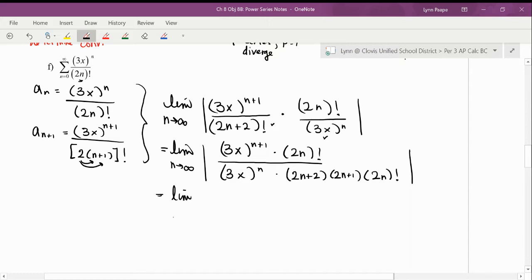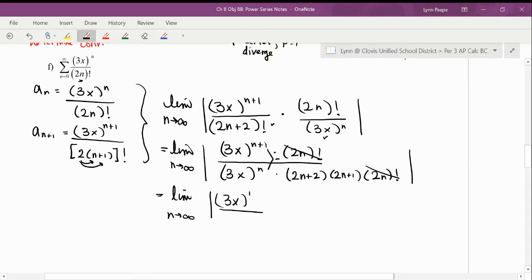And then let's go ahead and do a little reducing. So I'm going to subtract my powers. So that would be 3x to the n plus 1 minus n. So that would be 3x to the power of n. And then here the 2n factorials reduce. Oh, wait, that's not true. Let me erase that. How about 3x to the power of 1?